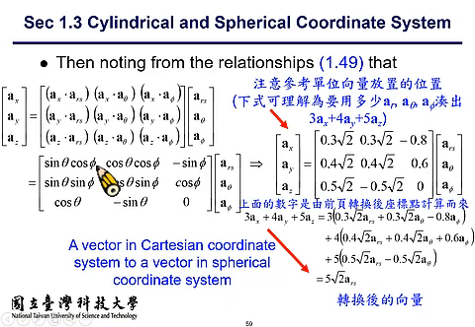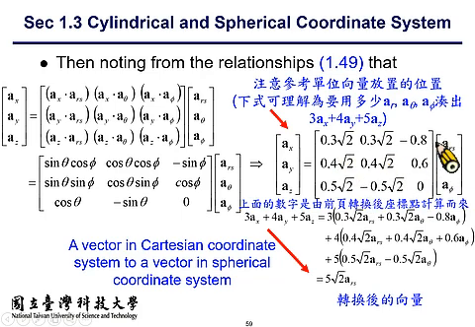Phi equals 53 degrees, so it's 0.6. This is the product of 1 over square root of 2 times 0.6. The second term is cosine 45 degrees times cosine 53 degrees, which is 0.6 times 1 over square root of 2. So you end up with 0.3 times square root of 2 as well. And the third term is minus sine of 53 degrees, so that's minus 0.8. Okay?